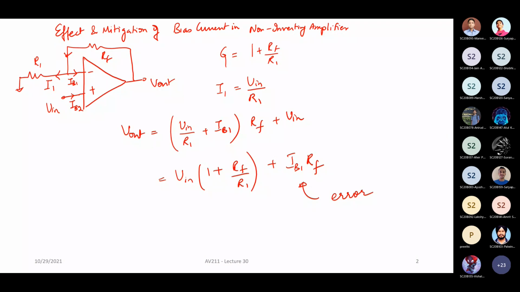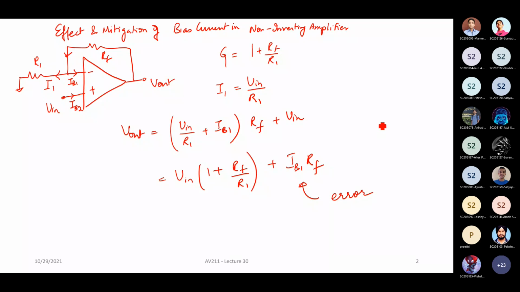Why is this error coming in? This error is coming in because of the small input bias current which is there in the op amp, right? Now, this error can also vary over temperature, correct? So as your temperature changes, your input bias current will also change, and IB1 times RF is an error that is going to change.